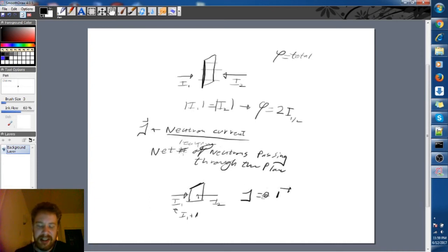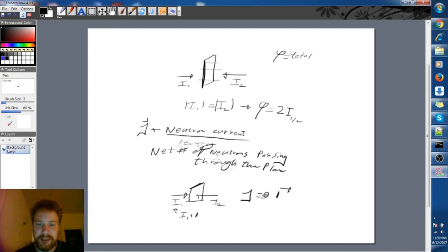So it's the net number of neutrons. Maybe I can just read out the definition. Yeah, the fact that J describes the net motion of neutrons is the wording that the author uses.